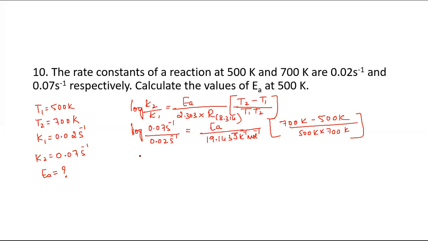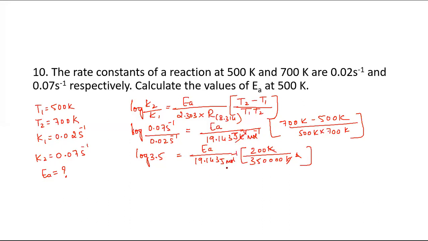So 0.07 divided by 0.02 is log 3.5 is equal to EA value as it is, into 19.143, into 700 minus 500 is 200 Kelvin, divided by 500 into 700. The zeros cancel, and Kelvin per Kelvin gets cancelled. Only joule per mole remains here.